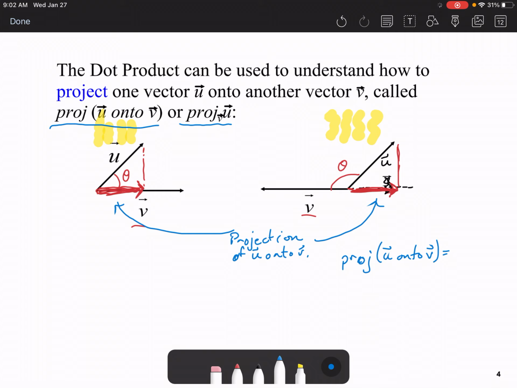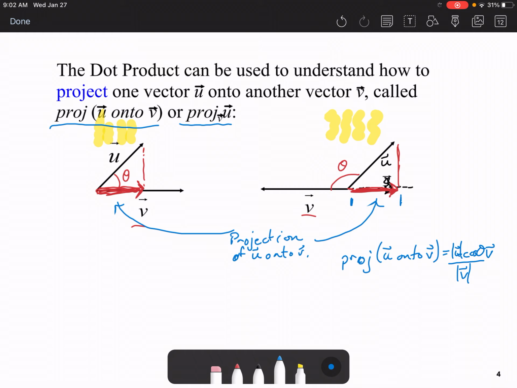So we want a vector in the direction of v, so we're going to multiply by the vector v, and I'm going to multiply it by the magnitude of u times cos theta. However, it's a lot bigger than that kind of vector. Because it's the exact size of magnitude of u cos theta bigger, we're going to have to divide off the magnitude of v.